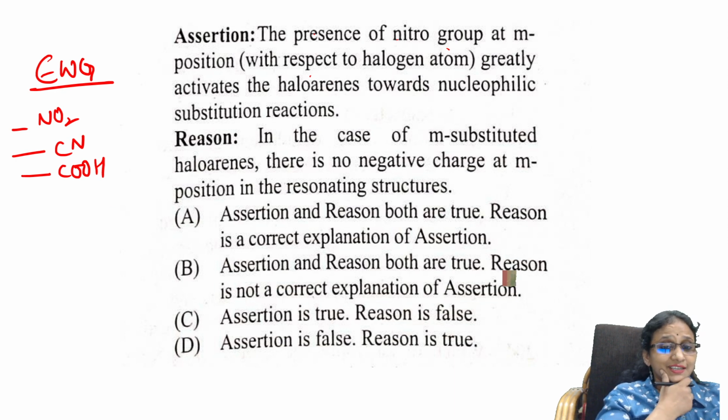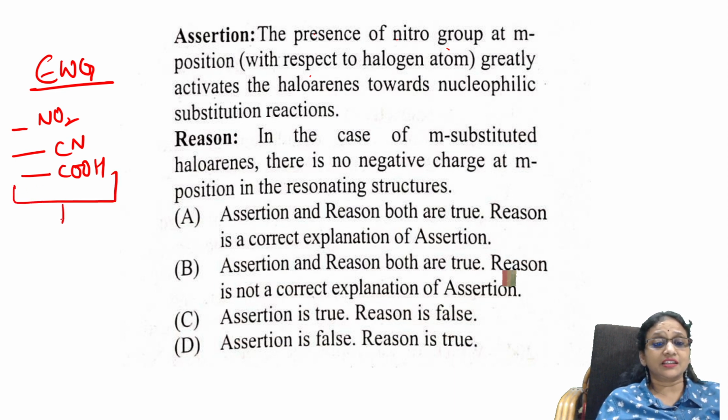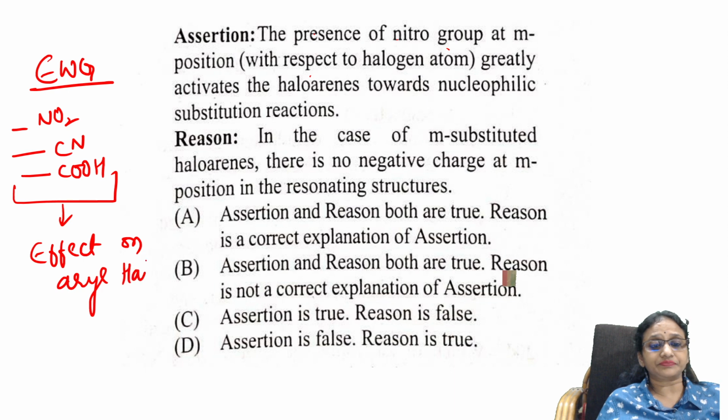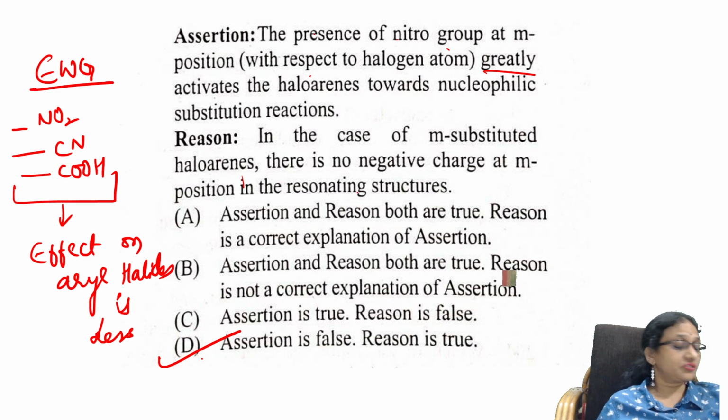Just now I said the effect at the meta position on aryl halides is less. But here they have said it greatly activates, so it is wrong. So the assertion is false. Now, in the case of meta-substituted haloarenes, there is no negative charge at the meta position in the resonating structures. Yes, if you draw the resonating structures, this is the right statement. There will be no negative charge in the meta-substituted.